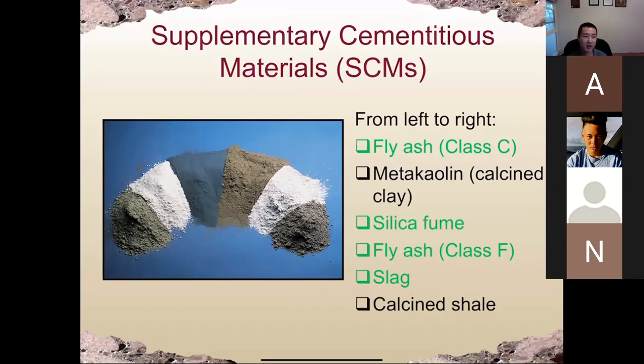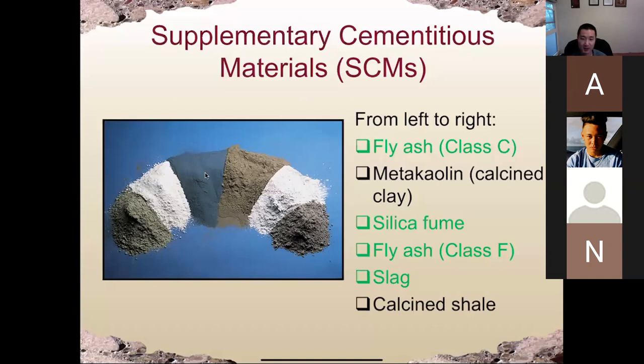For class C fly ash, the calcium oxide percentage is more than 10%. With less than 10% calcium oxide, we call it class F fly ash. We also have metakaolin, also called calcined clay.